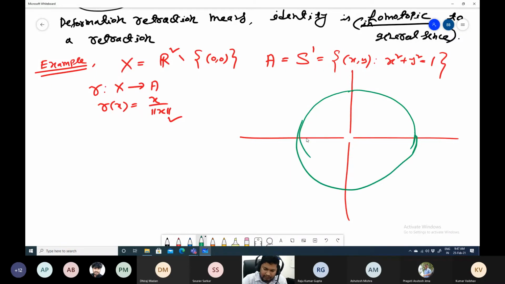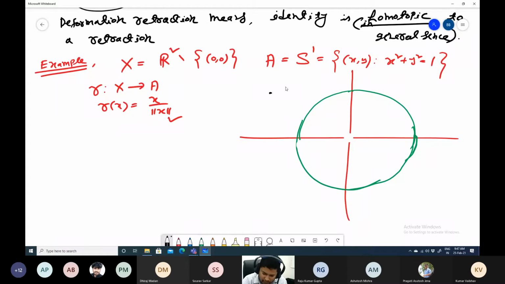Okay. Now the deformation retraction means, if you choose any points here, all the points continuously come to this one. Whenever there are some points here, they move in this direction continuously.